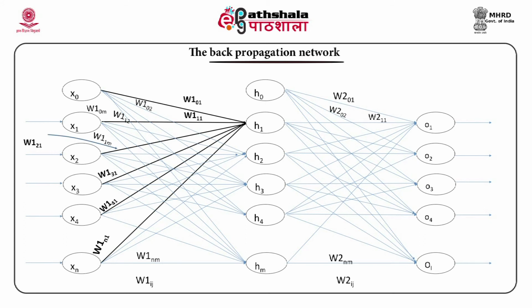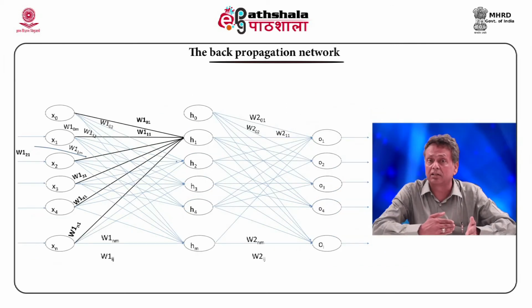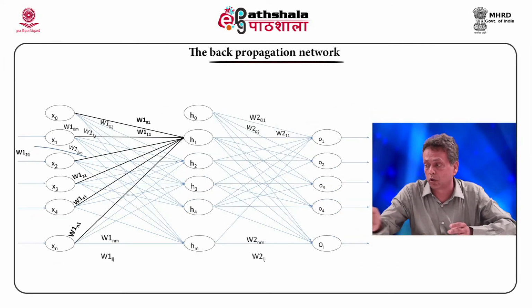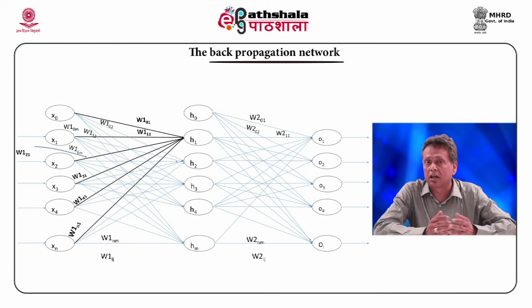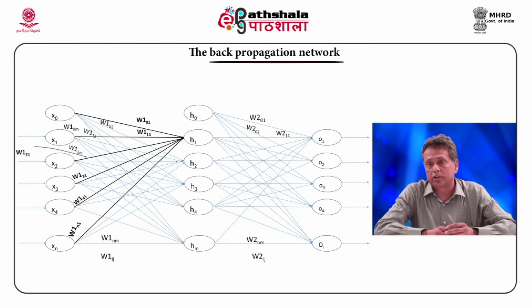In our character recognition case, the n value is 81. Okay. Then you have the middle layer. Remember, in the middle layer you have a total of m units, and in our previous example m value is 22. Okay. And you have the output units. Here I have taken L, so L number of output units.